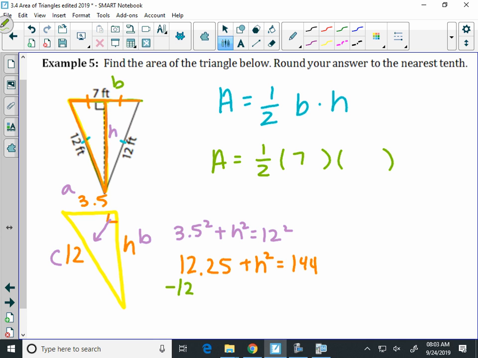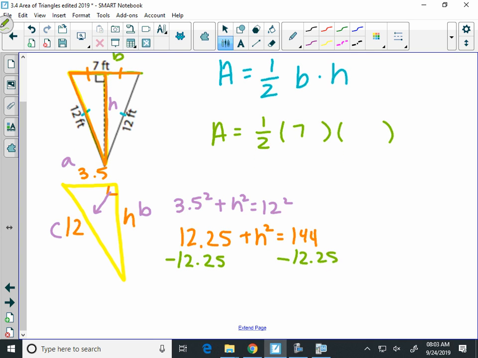Move that 12.25 over. We get h squared is equal to 144 minus 12.25, which is 131.75. Again, square root. Don't forget to square root.